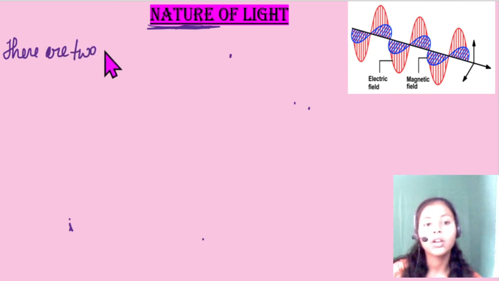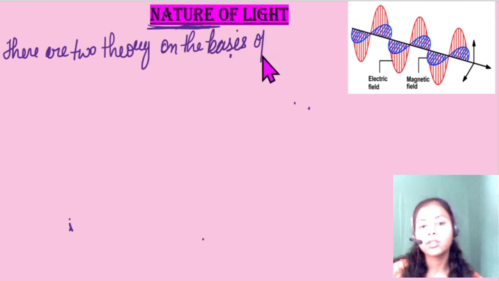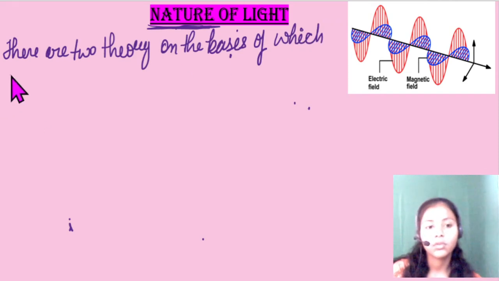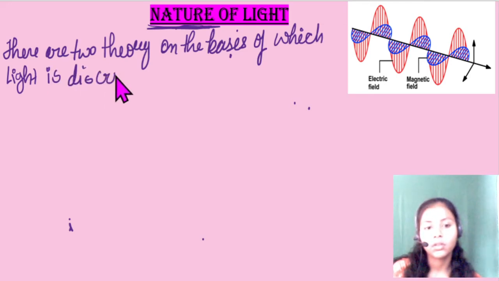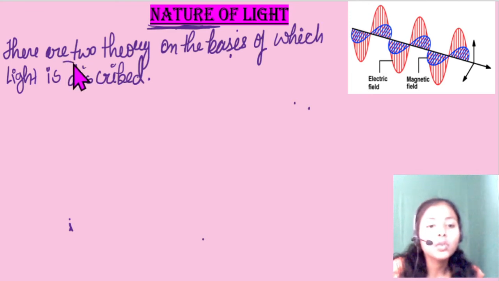There are two theories on the basis of which light is described.